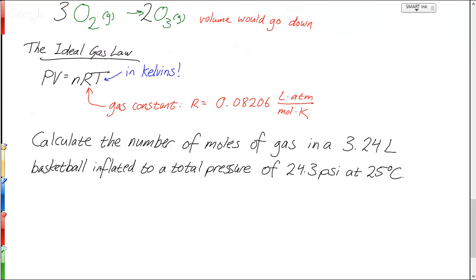The only thing that we have to remember in these types of equations is to convert units appropriately. Since we have our R in liter atmospheres per mole Kelvin, and our basketball is already in liters, there's our volume, there's our pressure, there's our temperature. We're going to want to convert that pressure from PSI to atmospheres and the temperature from Celsius to Kelvin.